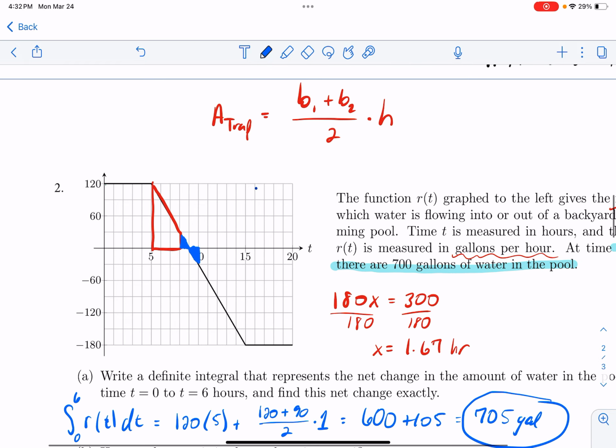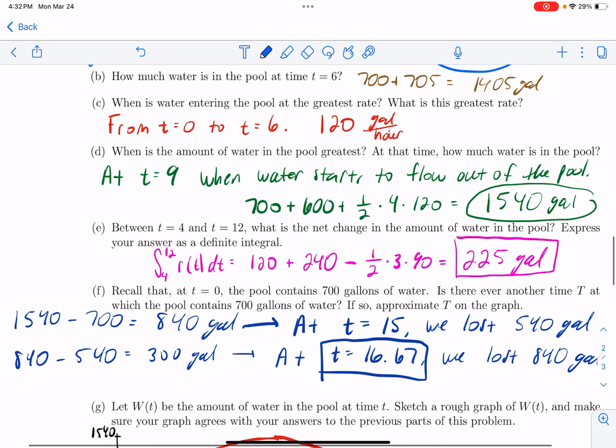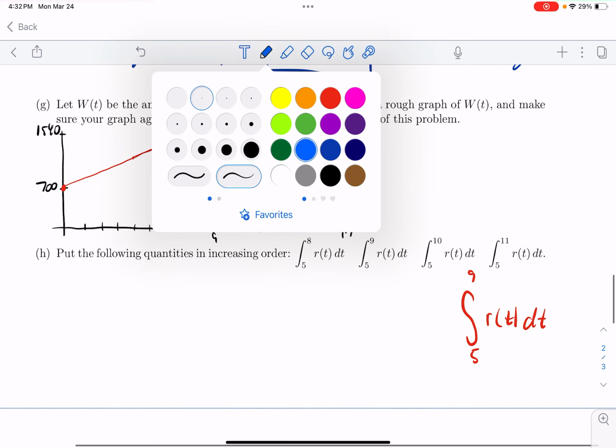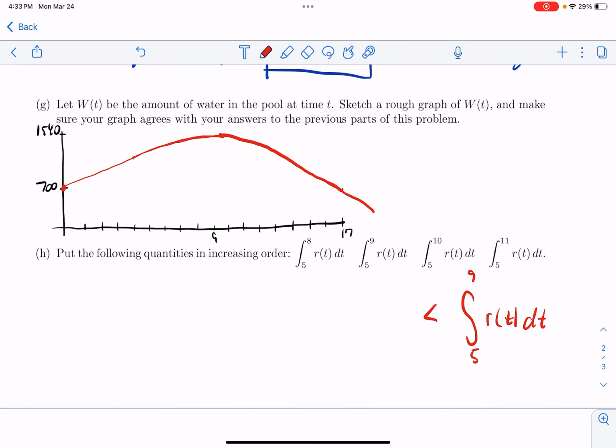So actually, the 5 to 8 is the same as the 5 to 10. So we can say that this is greater than the integral from 5 to 8 of r of t dt, which is equal to the integral of 5 to 10 of r of t dt.